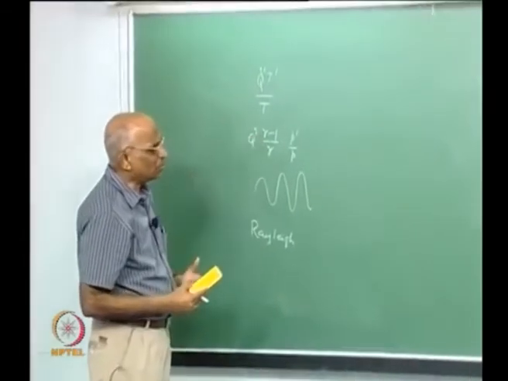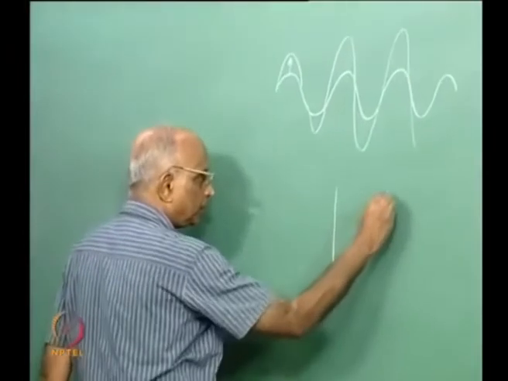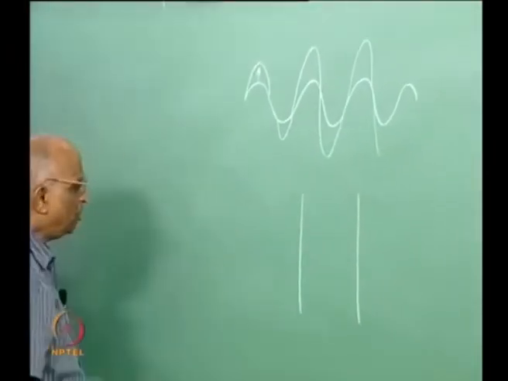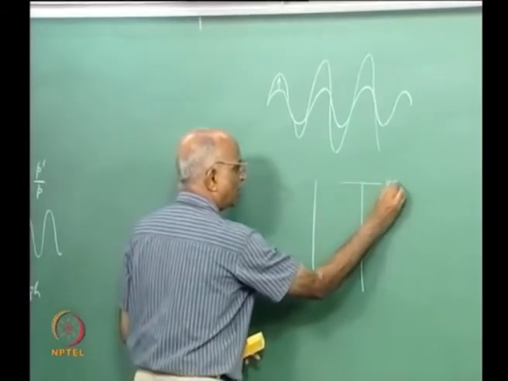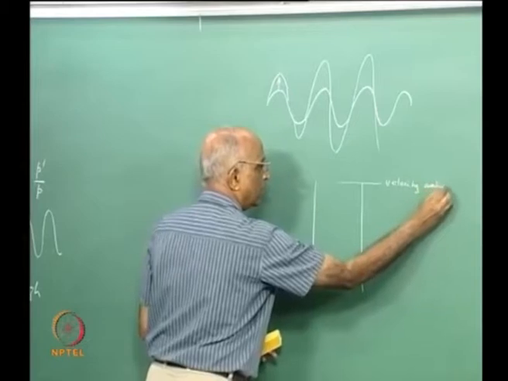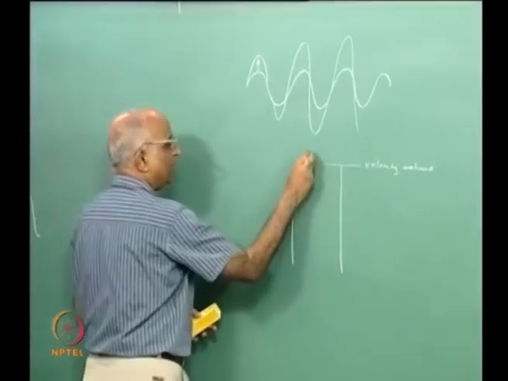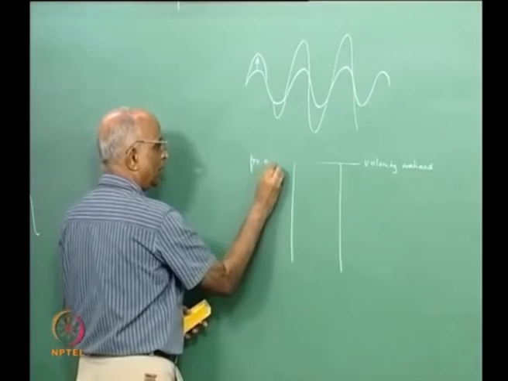Let us illustrate this through a small example. What I do is, I take a tube. Now the tube is open at both ends, therefore I will get a velocity antinode here, and since the pressure is the same here and here, the velocity antinode corresponds to a pressure node here.